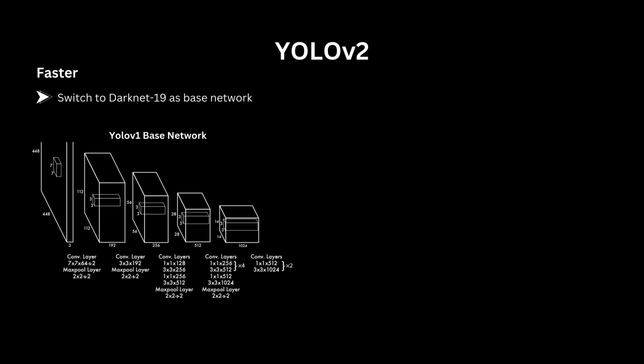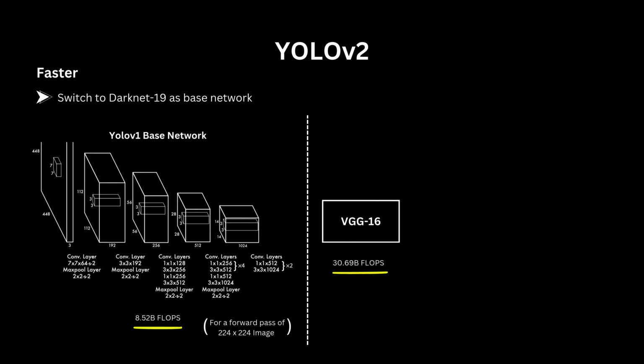Most of the detection systems like Faster R-CNN use VGG16 as the backbone for their detection model. If we compare VGG to the YOLOv1 backbone, the YOLOv1 backbone had much fewer operations, leading to a faster detection system. But when comparing the classification accuracy during the pre-training stage, it was also less accurate.